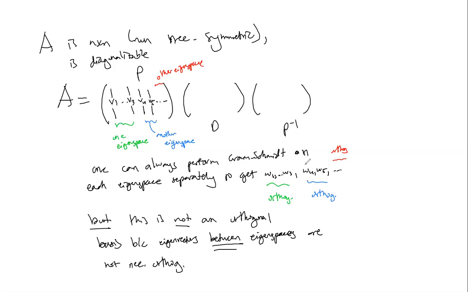Right, w3 and w4 are not necessarily orthogonal. And the thing that really makes eigenvectors between eigenspaces necessarily orthogonal is symmetry. You need the matrix to be symmetric for everything between different eigenspaces to be orthogonal, because that's the thing you're missing in a normal matrix.